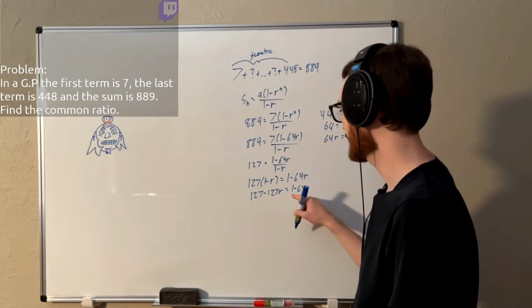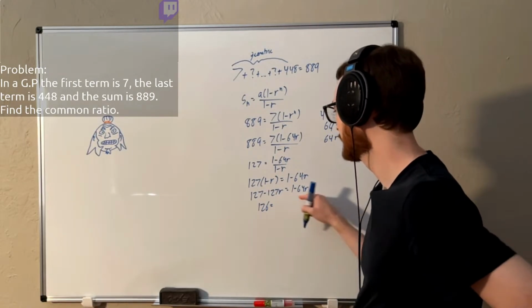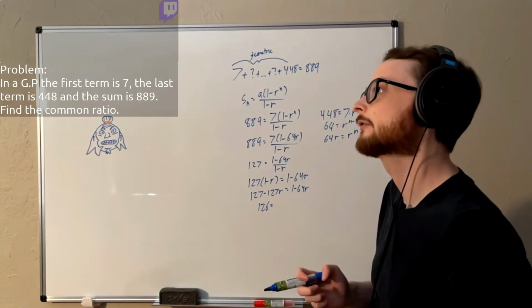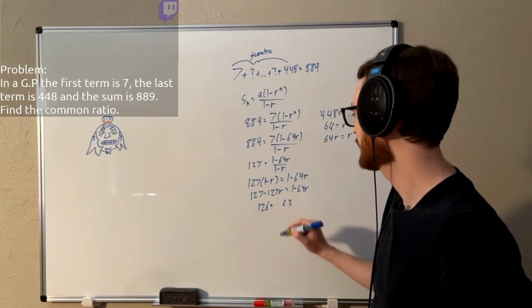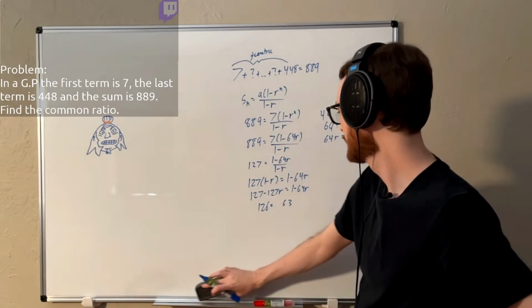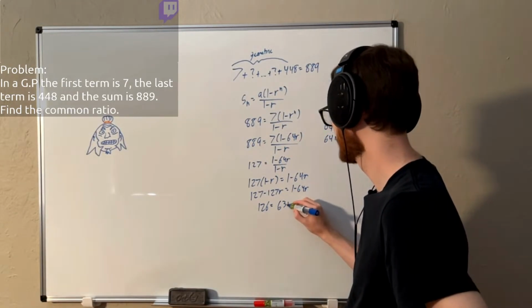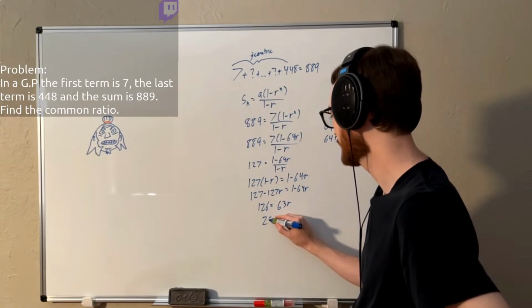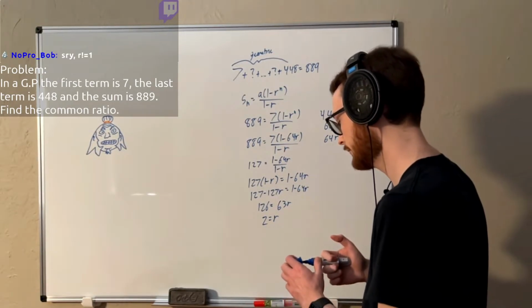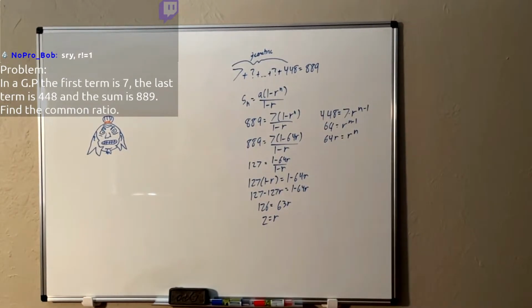Add this to the other side, subtract the 1 over. 127 minus 64 is 63 equals r. So divide each side by 63. I get 2 for r.